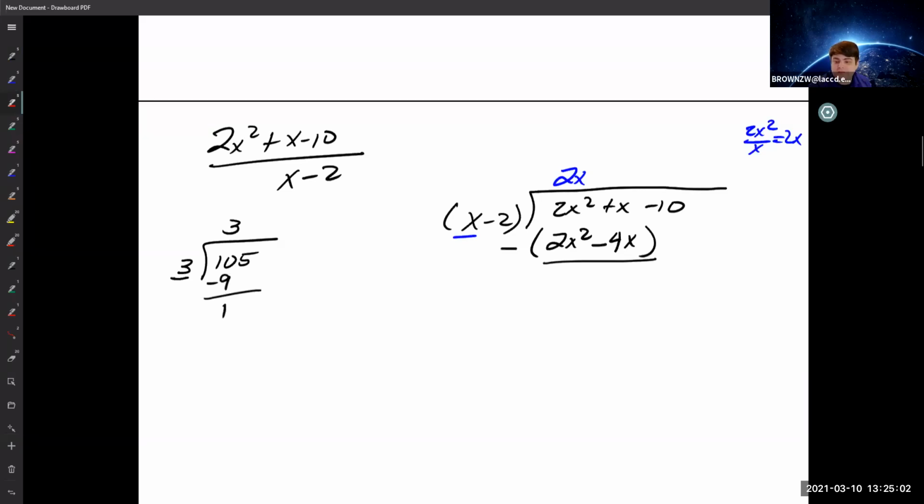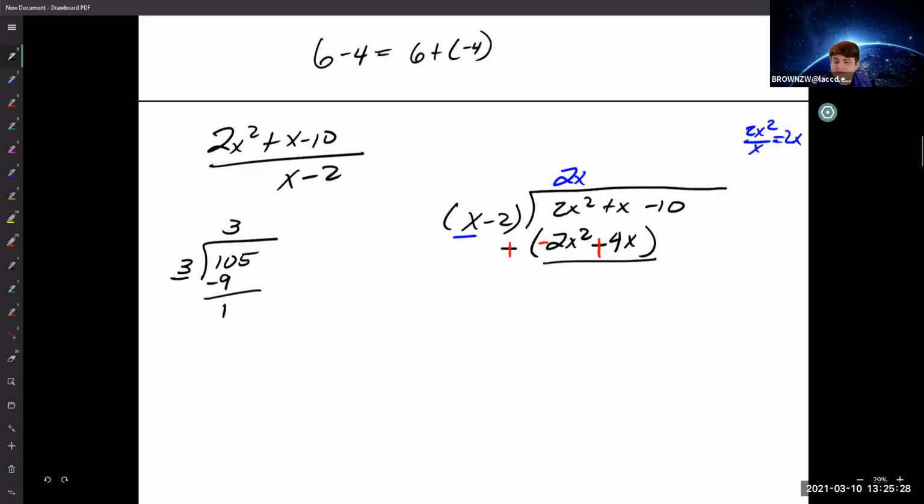Instead of doing subtraction, I'm going to change that to addition of the opposite signs, which we can always do. If you have 6 minus 4, that's the same as 6 plus a negative 4. That's all I'm doing: changing this subtraction to addition and flipping the sign.